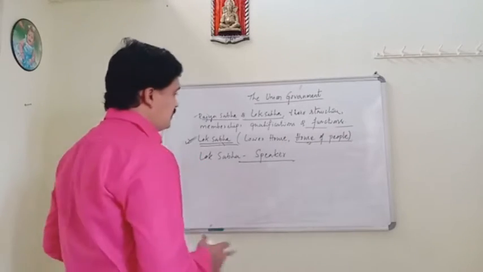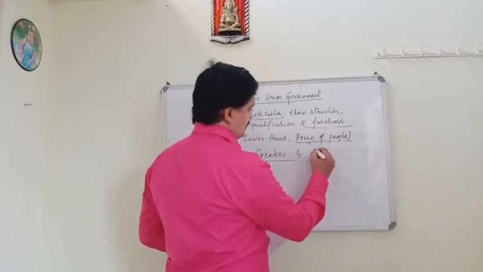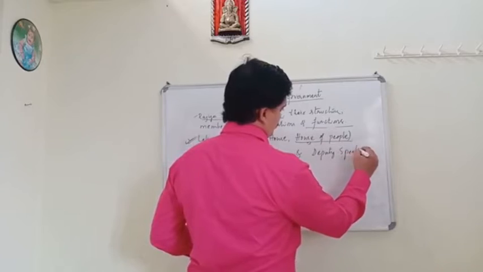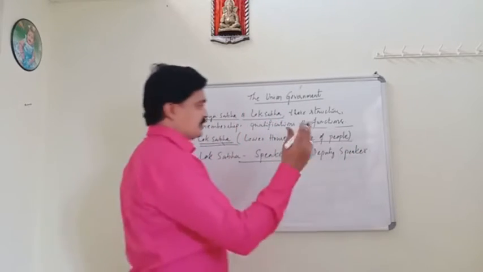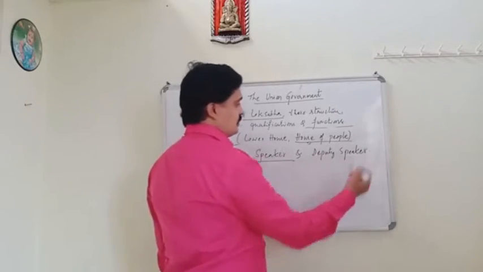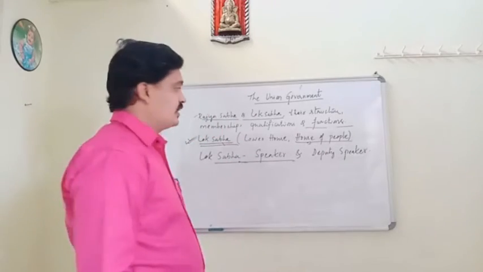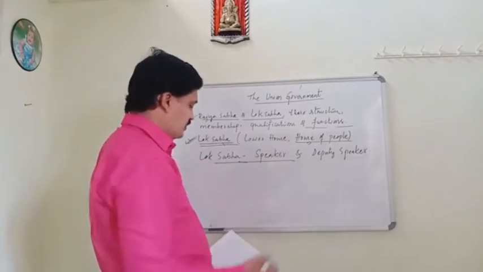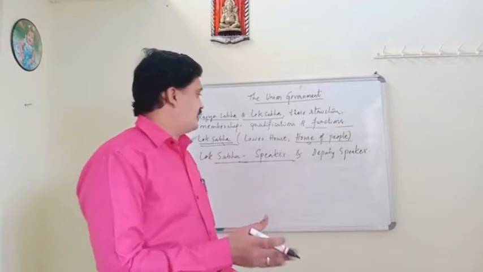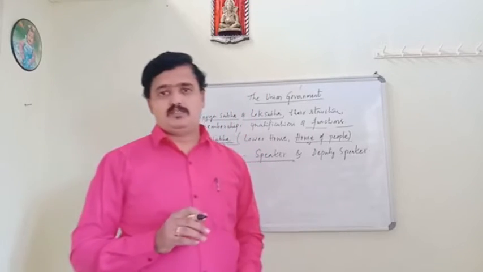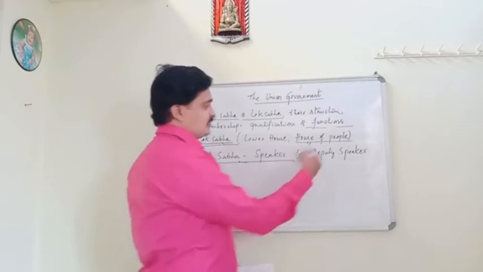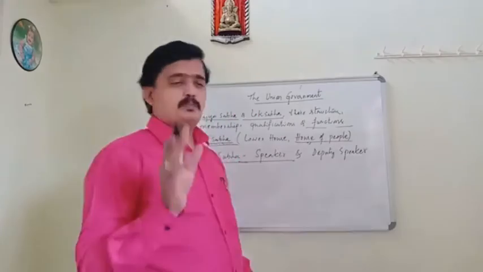And in the Lok Sabha we are going to see the speaker and afterwards the deputy speaker. The speaker and deputy speaker will be elected among the members of the Lok Sabha. Among their members only, they are going to select one as speaker and another one as deputy speaker.